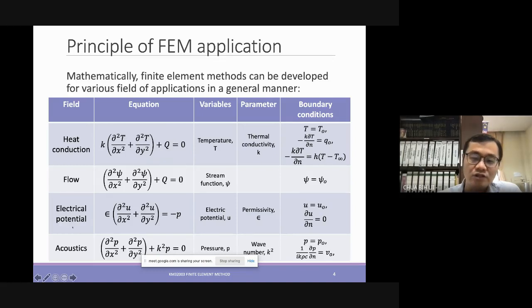For electrical potentials, we can also use a similar way. Same type of equations, same form, power 2, power 2, power 2, equals minus P. If we move this over here, then this is plus P equals 0. Again, a very similar form, where the variable is the electrical potential and the parameter is the permittivity.